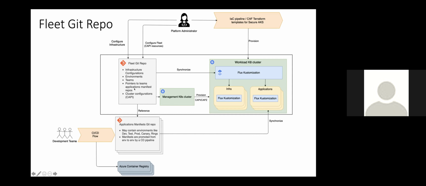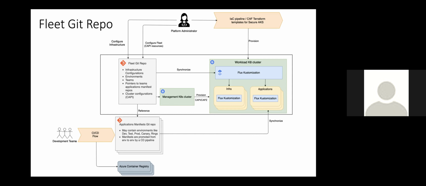This repository contains all the information about what clusters are available, what configurations are applied to those clusters, and what teams, tenants with their applications share Kubernetes clusters. Having applied configurations here, a team will have a dedicated space in the existing compute. The platform administrator may also decide to provision a new Kubernetes cluster and give it to the team, and will add this Kubernetes cluster to the fleet.